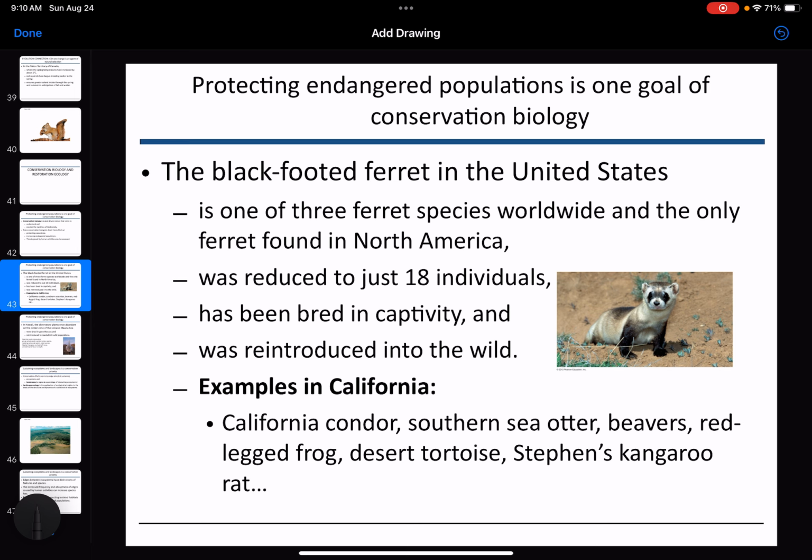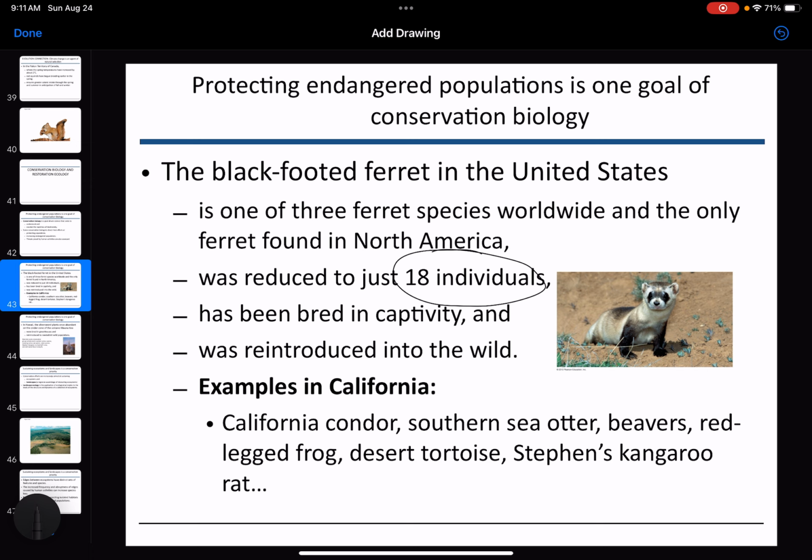In the U.S., we have a very good example of efforts that led to the increasing of the population of black-footed ferrets in the U.S. From being reduced to just 18 individuals, and think about what that might mean to the genetic diversity of a very, very, very small ferret population, and investing in breeding strategies to help bring their numbers up.